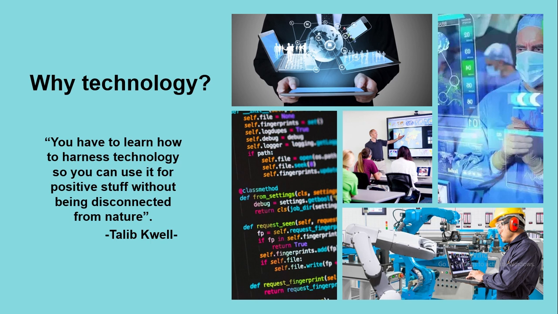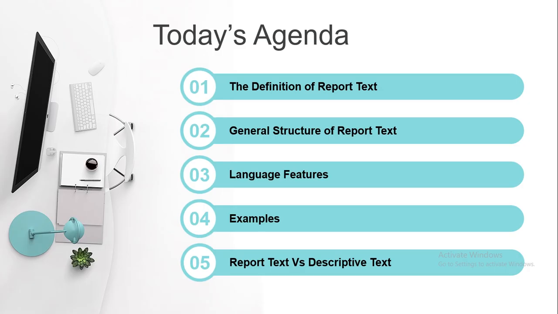Okay, so let's start our lesson. Today we have 5 agendas that we're going to talk about. The first one is about the definitions of the report text. Second, about the general structure of the report text. So how does it look if you want to compose a report text? What should you write first and then what should you write next?